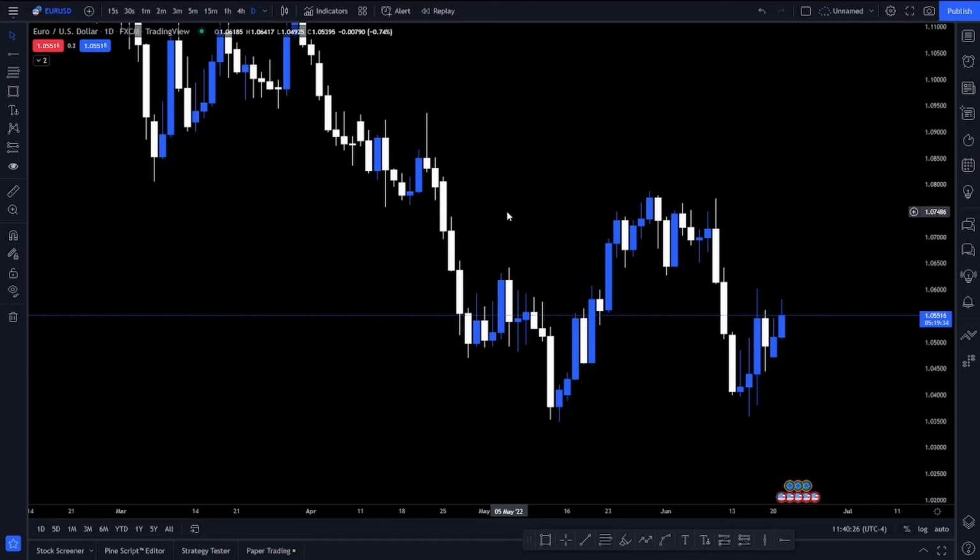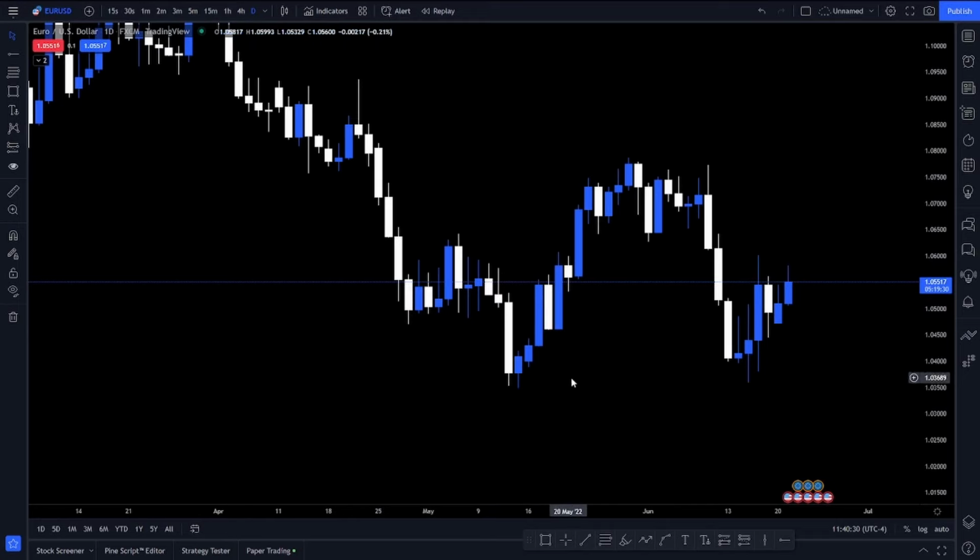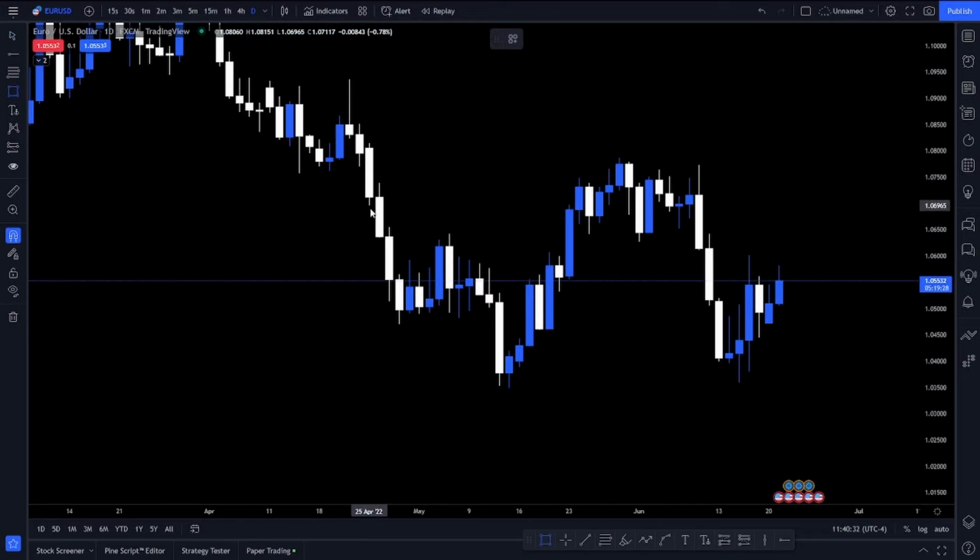Okay, and if you want to know what imbalance is, it is a loss of fair value gap, right? This one, and this one. Okay, these are called imbalance, and this should get filled in future.